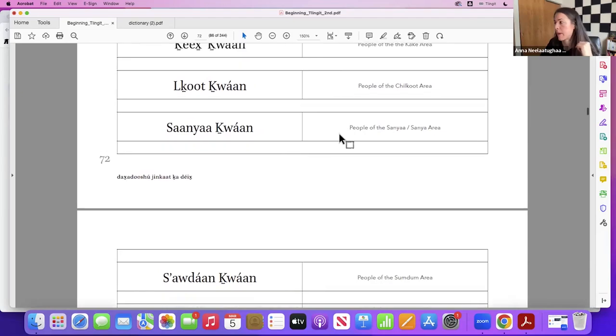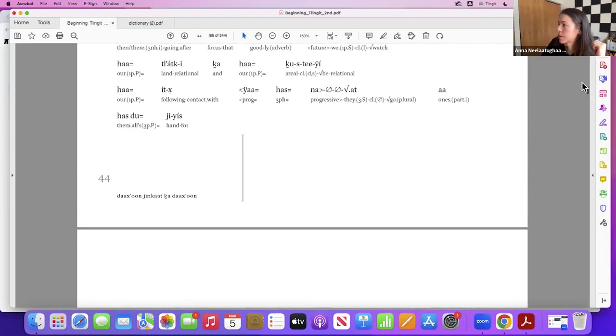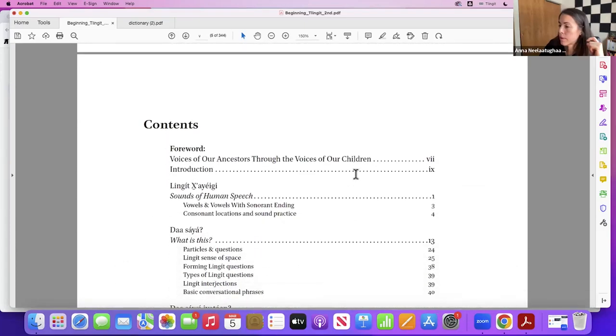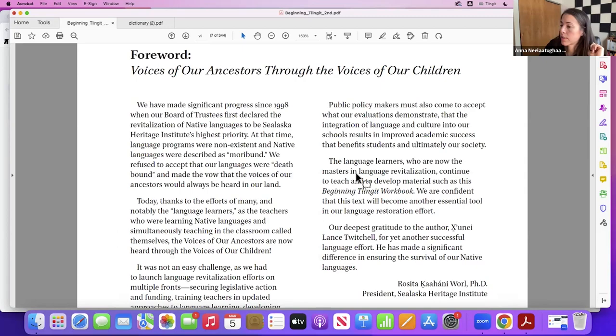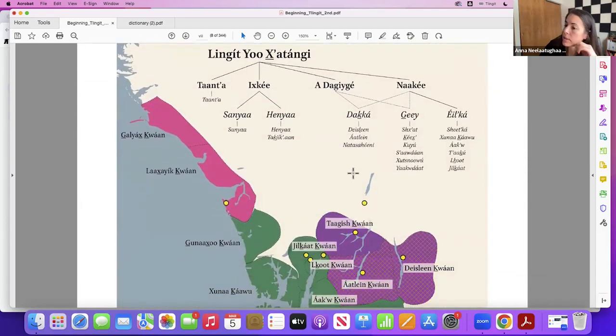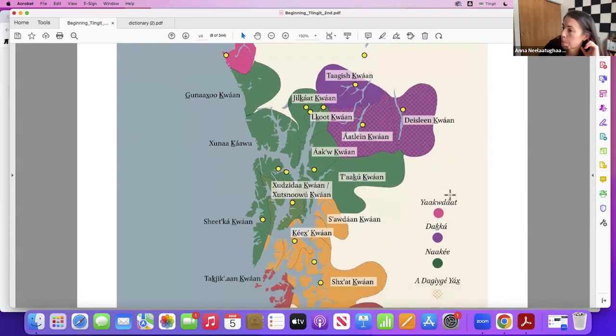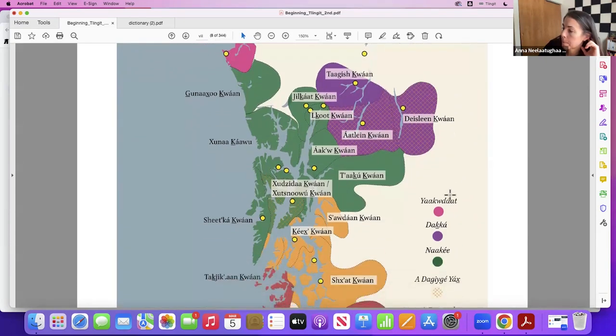And if you want to see the map, it's in the beginning of the book. Sorry for scrolling. Here it is. Here's a map of everybody's lands.